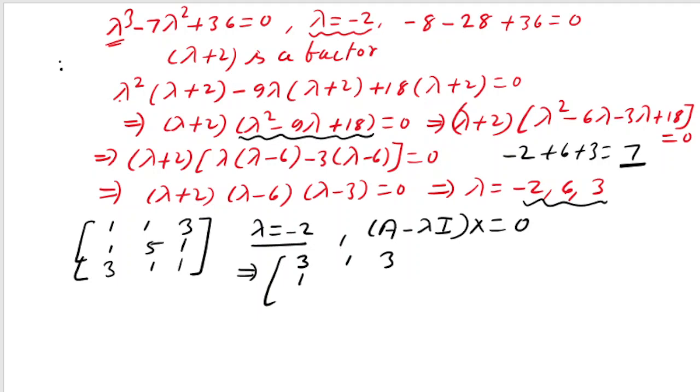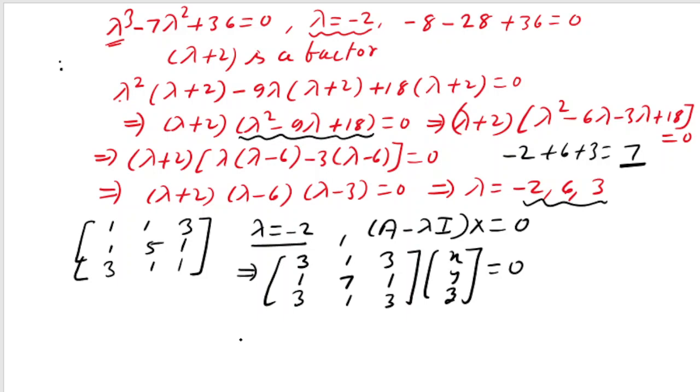So what is 5 plus 2? 7, right? 3 1 3, 1 7 1, and then 3 1 and 3, okay? And then we need to multiply it by x y z is equal to 0.